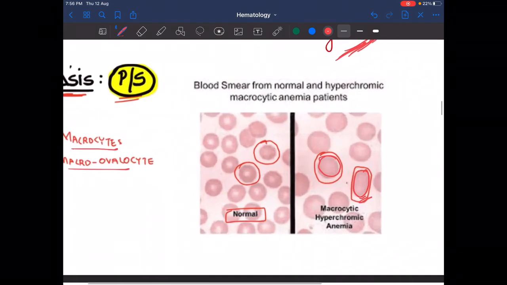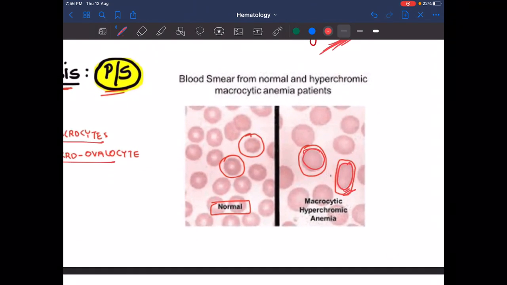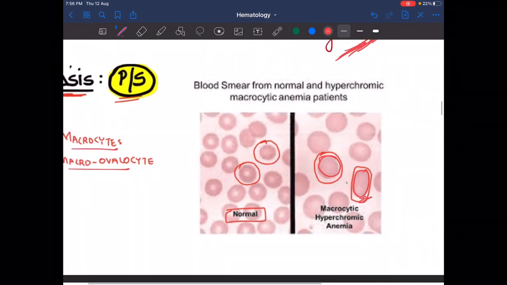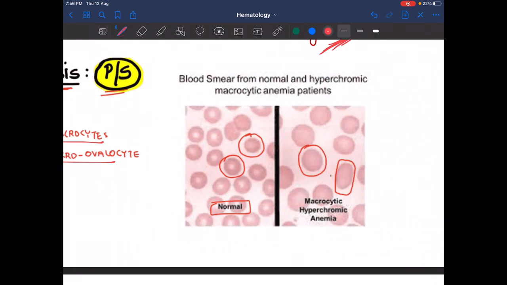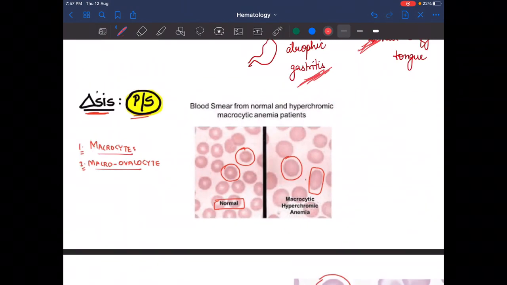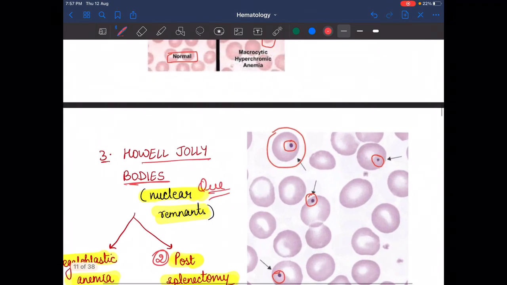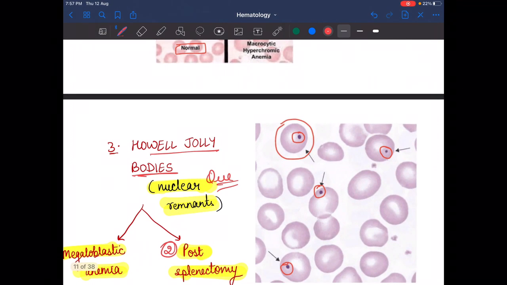On the peripheral smear, we see that the size of the RBCs is enlarged, and some look like macro-ovalocytes. So this is the peripheral smear. The next finding is Howell-Jolly bodies, which consist of nuclear remnants.